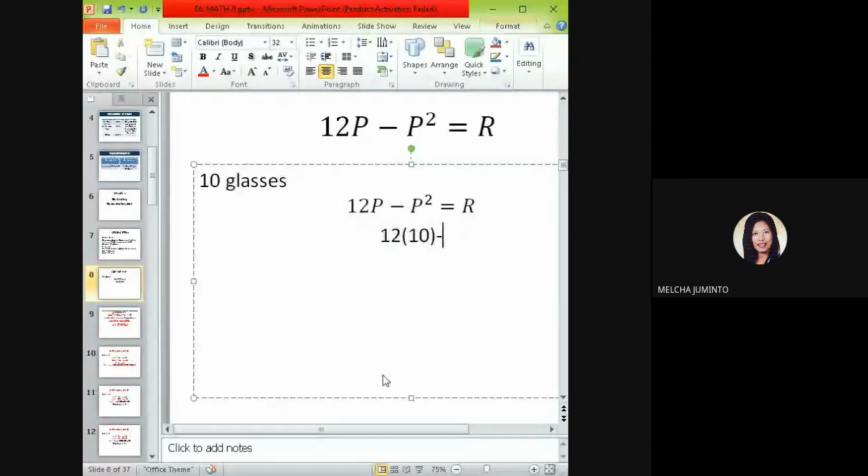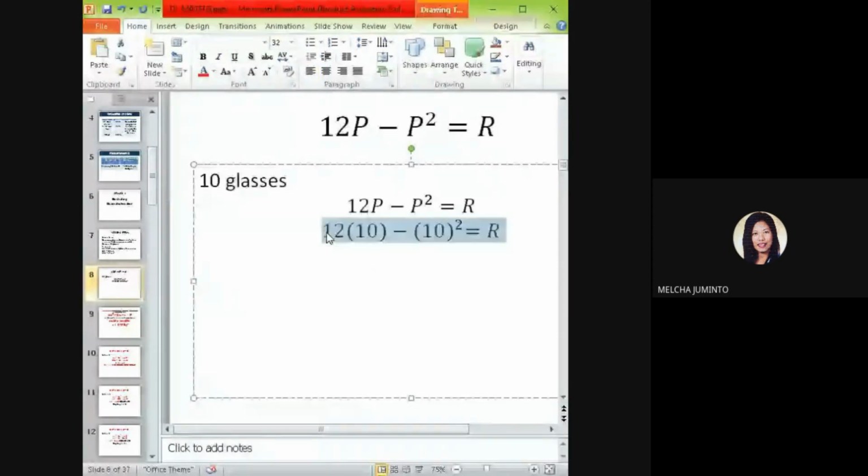Allow me to use equation ulit para may square kasi. Ito na lang, replace ko dito yung P ng 10. Same here, instead of P, I will use 10. And then I will solve the equation to get one number for the value of R. The product of 12 times 10 is equal to 120.